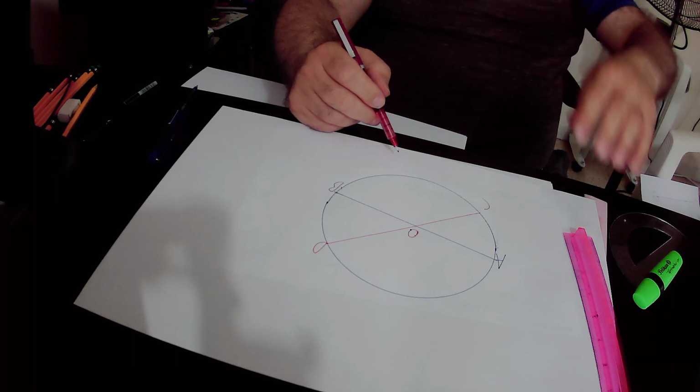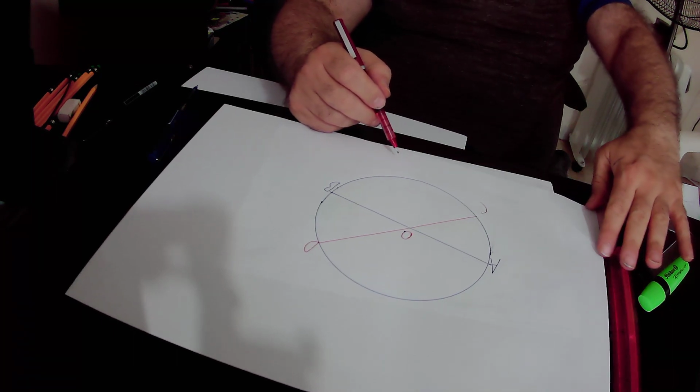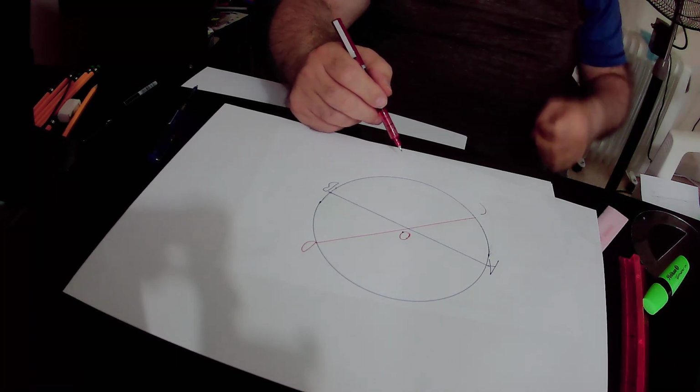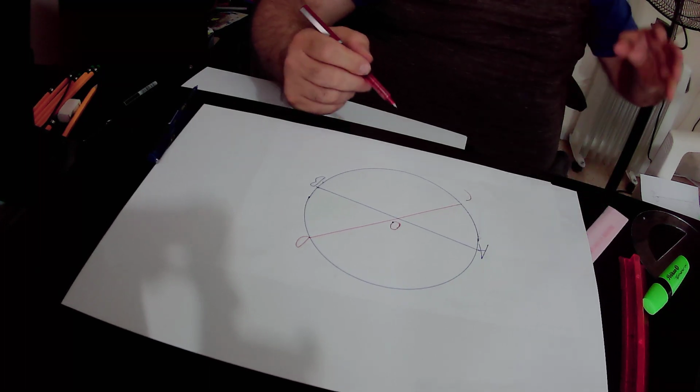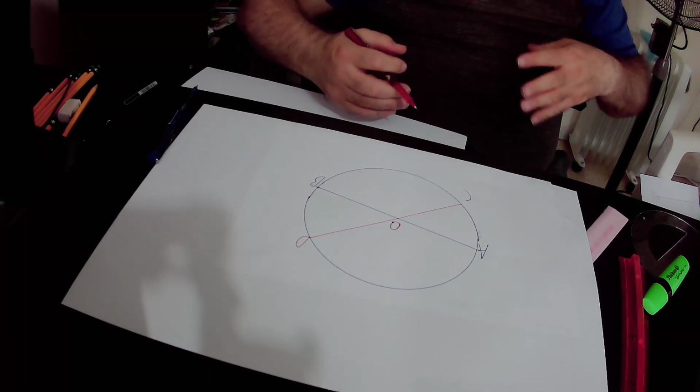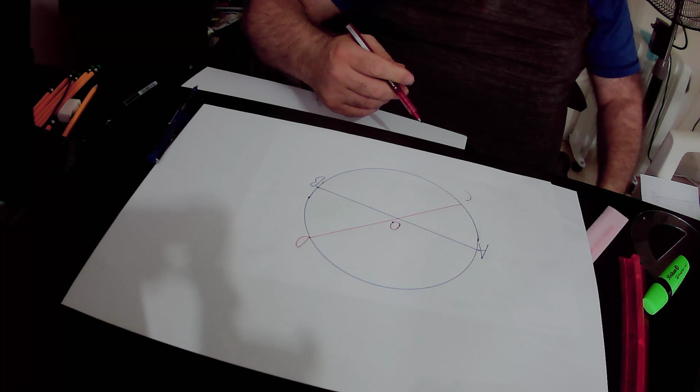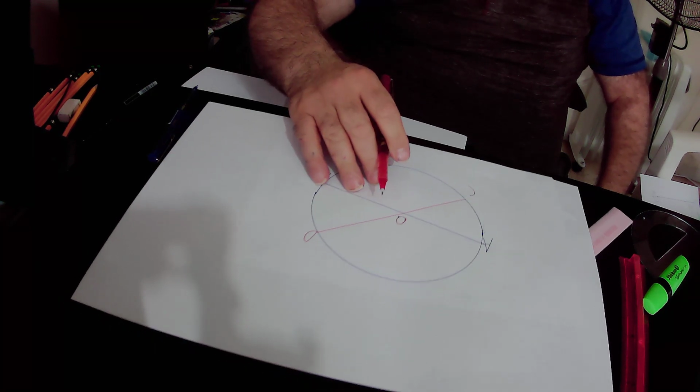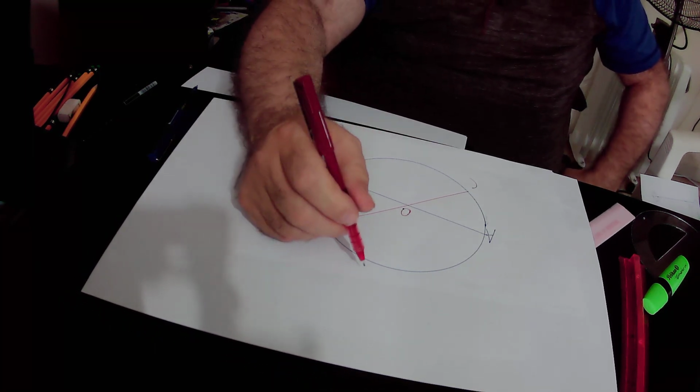So whenever you have two chords inside the circle that intersect with each other, then the following relationship exists between their parts. In this case, the following formula is true.